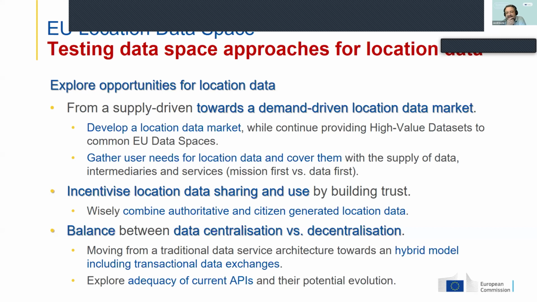We have to cover the needs for data spaces, and nobody has told us that the current APIs we have at the moment, I'm thinking about the standards we have in this area, are sufficient to cover this need. So probably when moving to this transactional context, we will discover that there are functionalities in the APIs that are not sufficient, and that there is room for evolution.